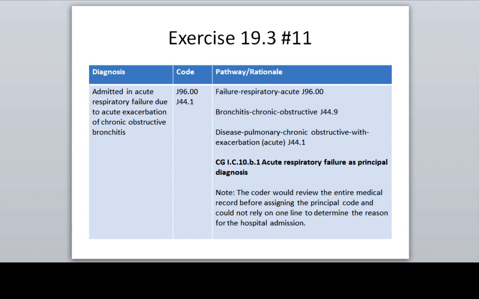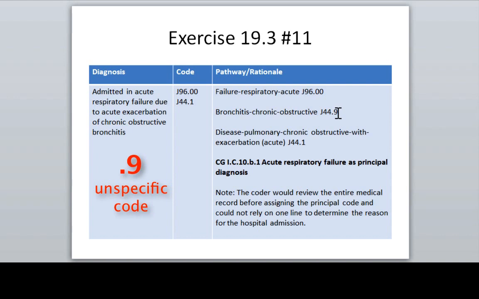Exercise 19.3, number 11. Admitted in acute respiratory failure due to acute exacerbation of chronic obstructive bronchitis. Here's our path for our acute respiratory failure and our bronchitis. And I want to show you, when you go this path through bronchitis, you get a 0.9, which is a very unspecific code.